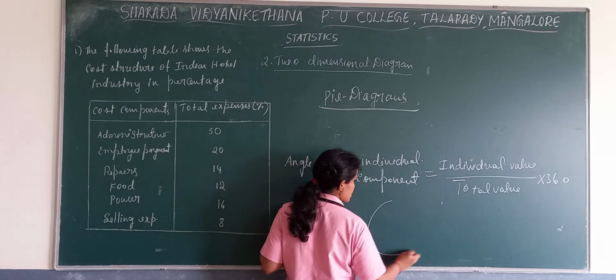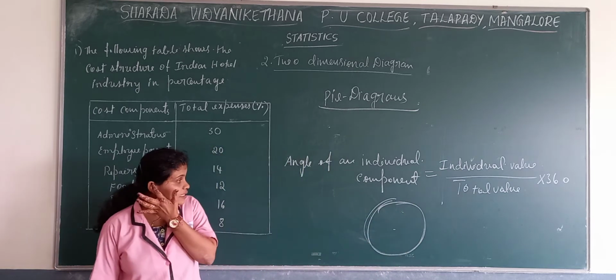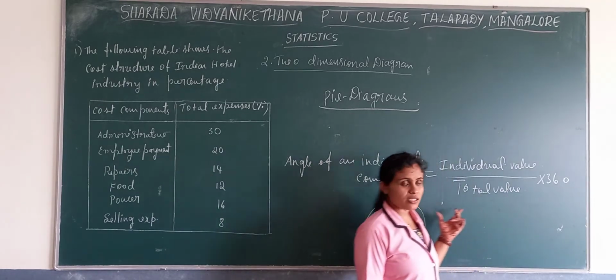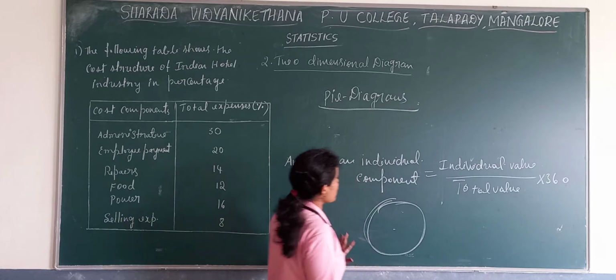We know that the angle of a circle is 360, so we multiply with 360. In the case of percentage, we multiply with 100 since it is a percentage diagram.